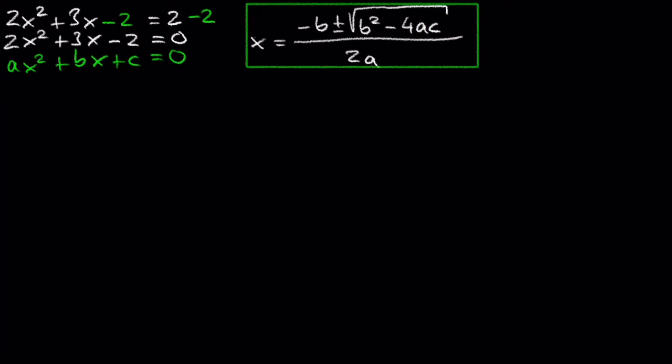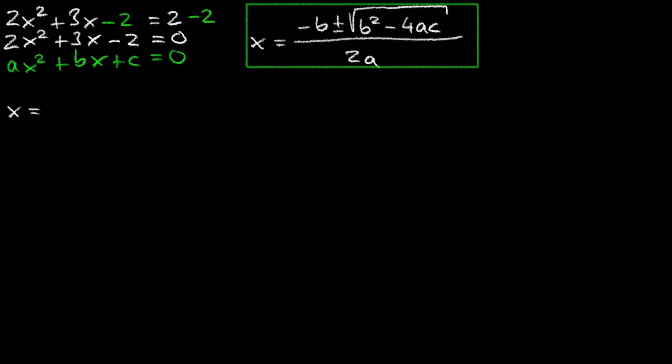While you are still learning this, you can mark the numbers that are a, b, and c. Or you can write a equals 2, b equals 3, and c equals negative 2 before you plug these numbers into the quadratic formula. So let's plug in the 2, the 3, and the negative 2 into the quadratic formula.